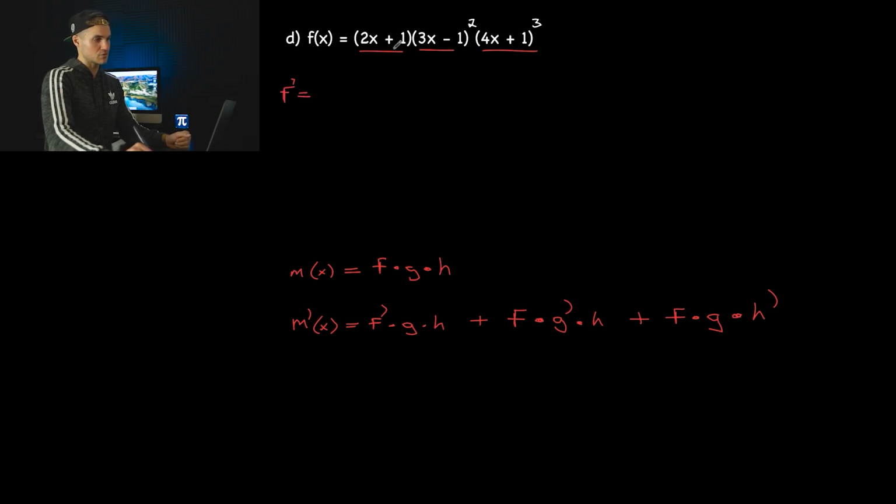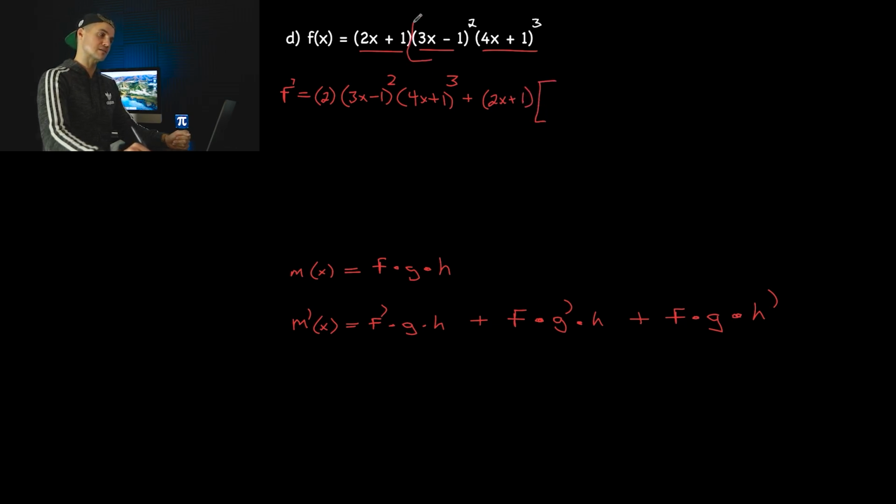So first thing we would do, take the derivative of this first function. Derivative of 2x plus 1 is just simply 2. Then we leave the second function as is, and then the third function as is. And then it's going to be plus 2x plus 1, like that. Then we have to take the derivative of this function.